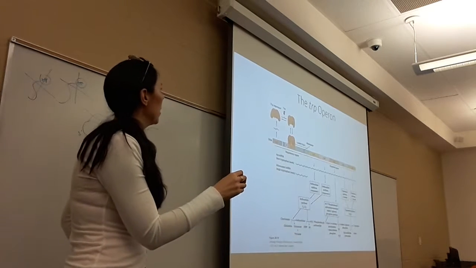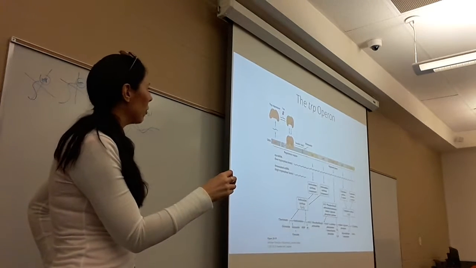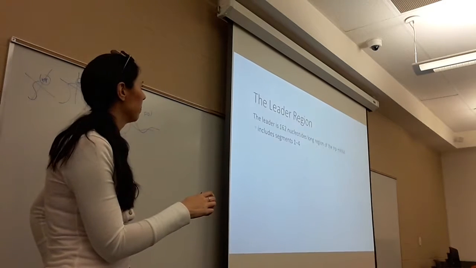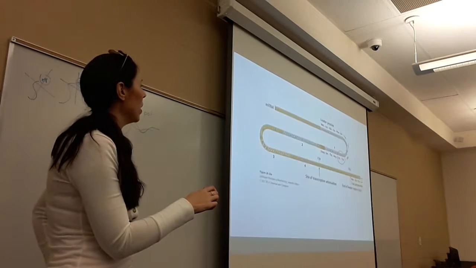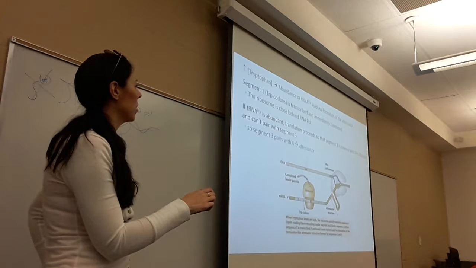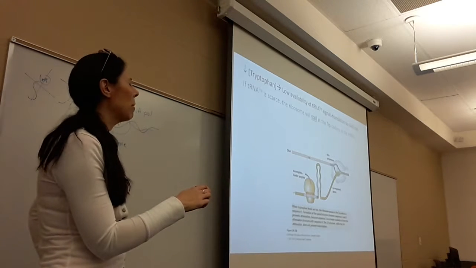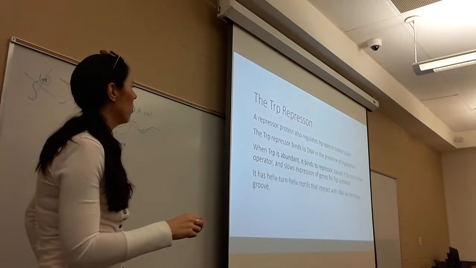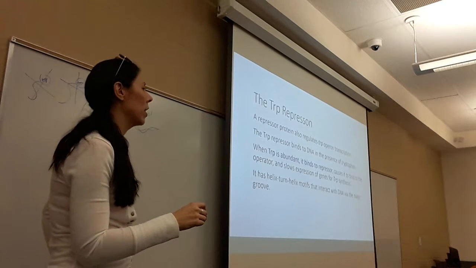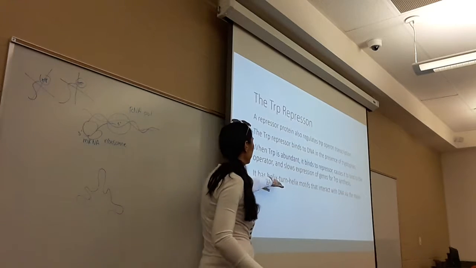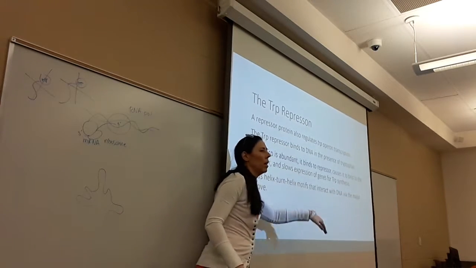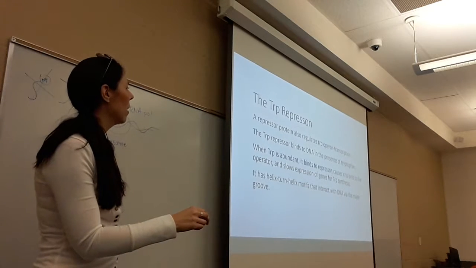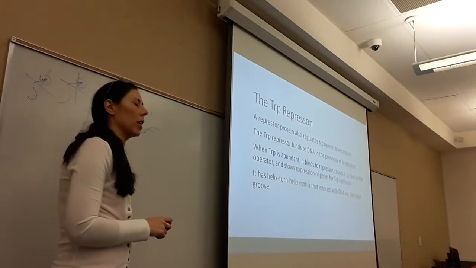The trp repressor, just like the lac repressor, is a DNA binding protein. We can look at the sequence of proteins to determine if they potentially bind to DNA. One of the sequences we look for is a motif called a helix-turn-helix, and we can look at it and say, that probably interacts with DNA.